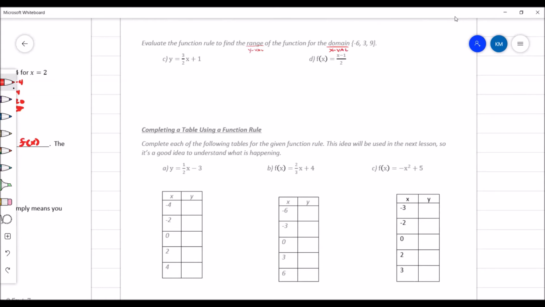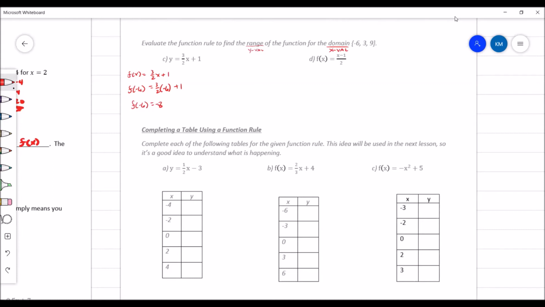So as we plug this in, we have f of x equals 3/2 x plus 1. And so now plug in my numbers. So f of -6 equals 3/2 times -6 plus 1. So that's -18 divided by 2, which is -9 plus 1, -8. f of -6 is -8.